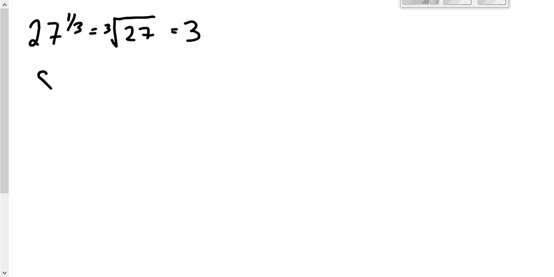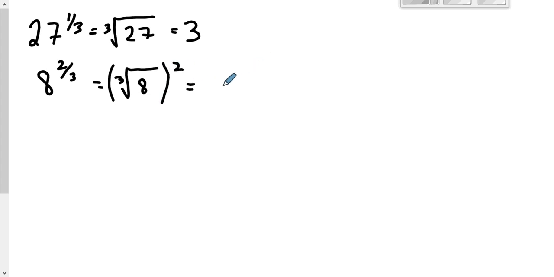Okay, how about 8 to the 2/3? Now we have another number at the top, and it's not just a 1. That means we're going to say cube root of 8, and then that 8 will get squared. I can write that 2 on the outside like that.